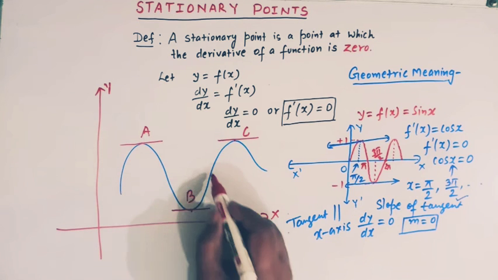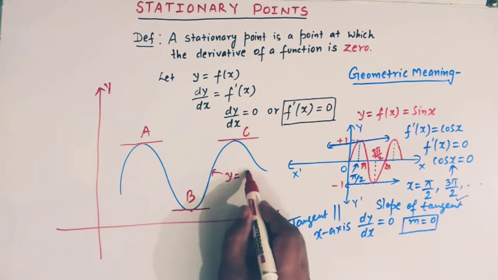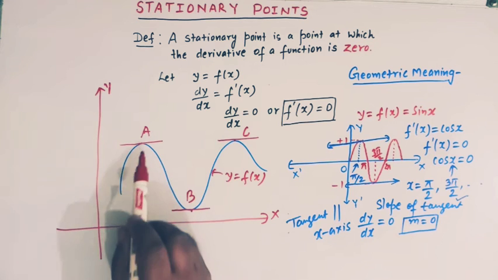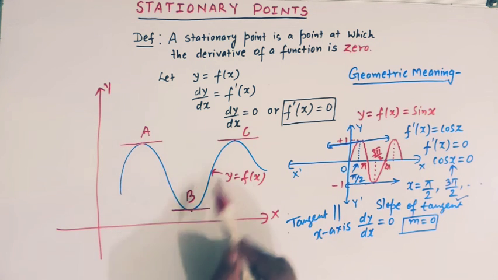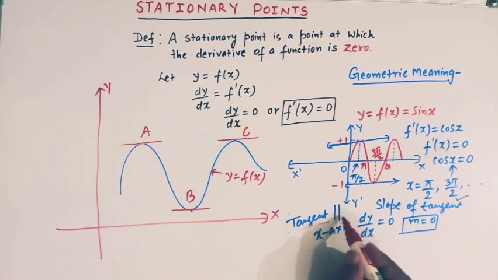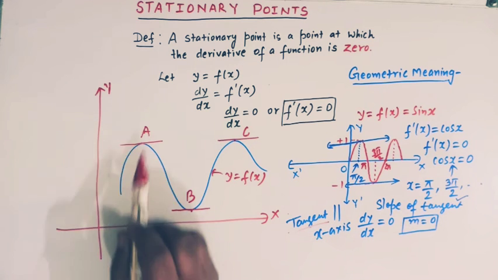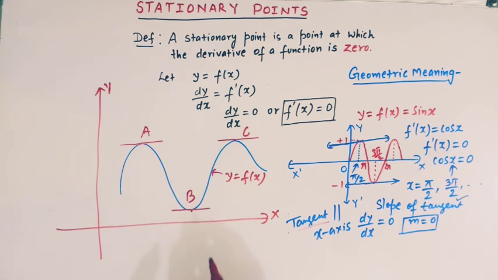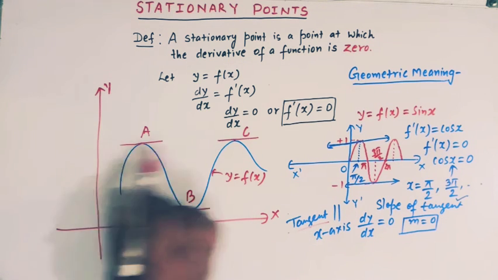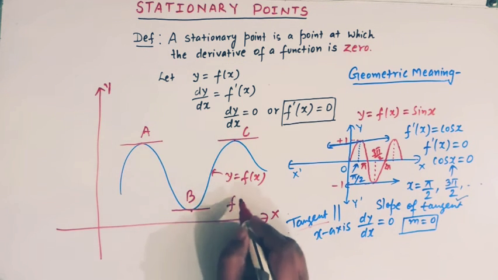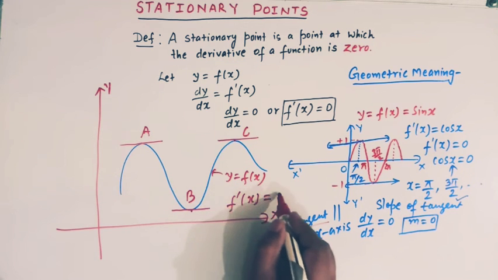So if this is the graph of a function, at these points A, B, and C, the tangent is parallel to the x-axis. So A, B, and C are known as the stationary points, because at these points the derivative is equal to 0.